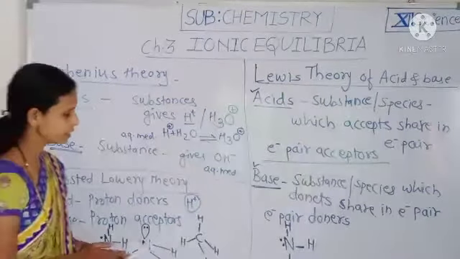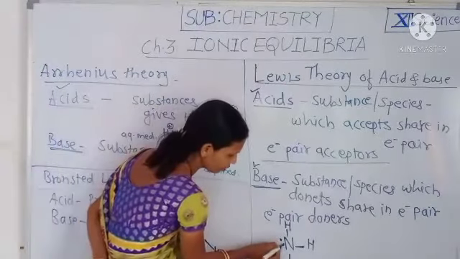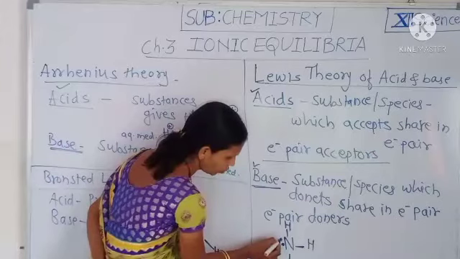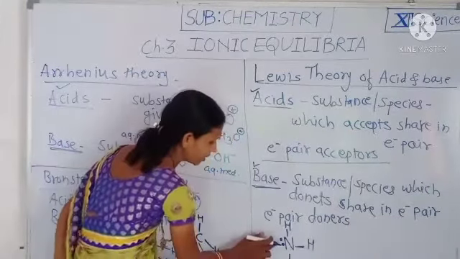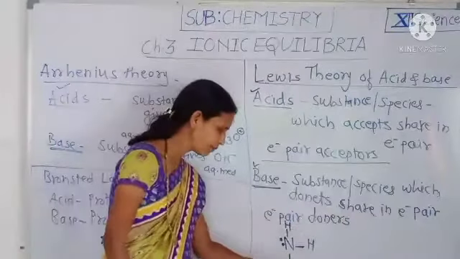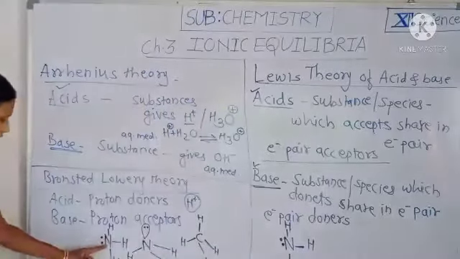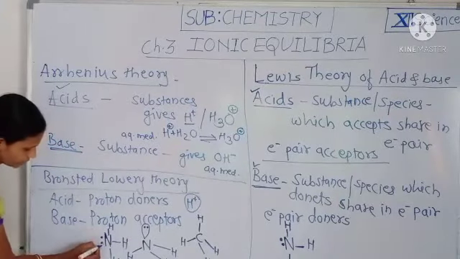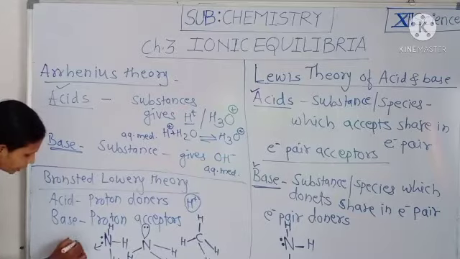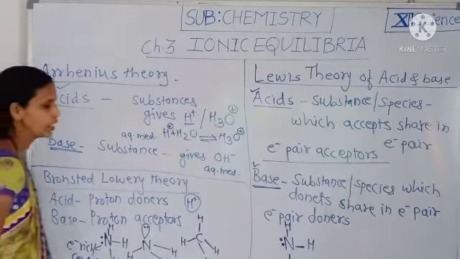Then see here, in ammonia, nitrogen possesses a lone pair of electrons, and therefore it is an electron rich center in ammonia.